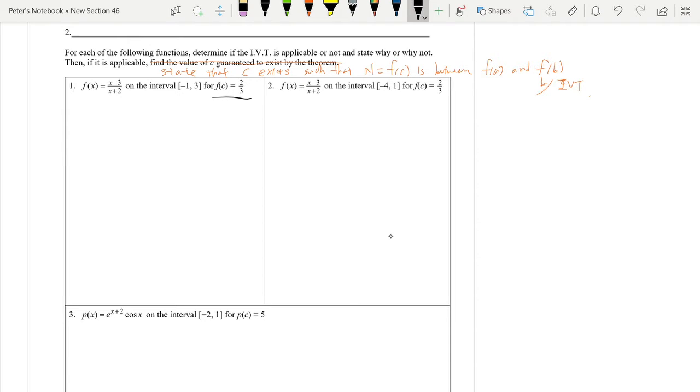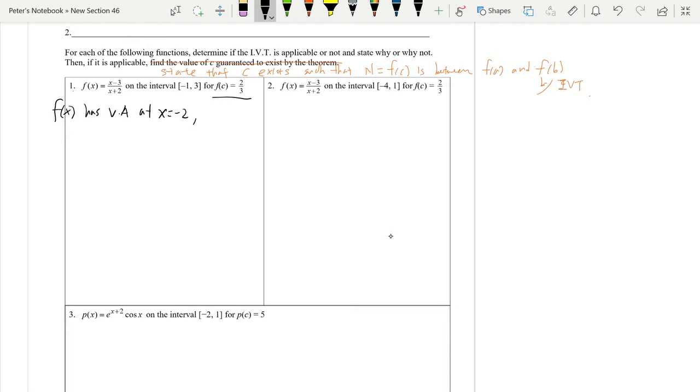First of all, is this continuous everywhere? f of x is not continuous everywhere because of the denominator, x plus 2. When is x plus 2 equal to 0? That's when this whole thing is undefined, and that is x equals -2. So our f of x has a vertical asymptote at x equals -2, because -2 plus 2 gives you 0.